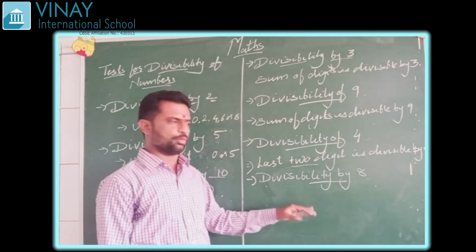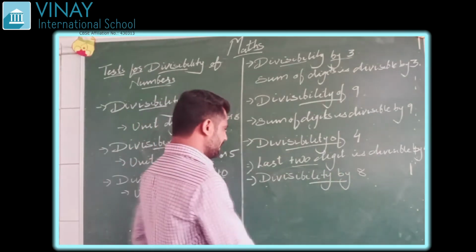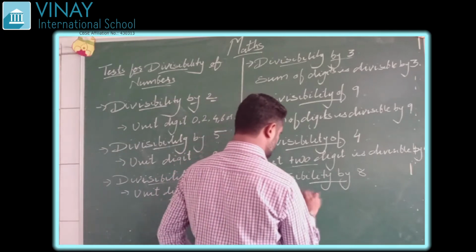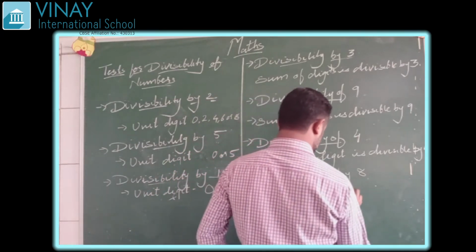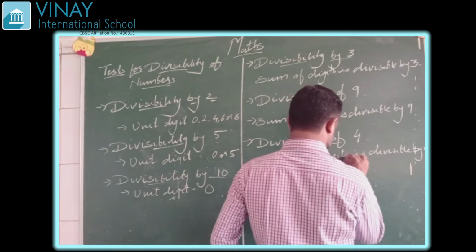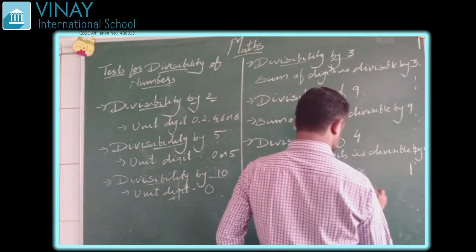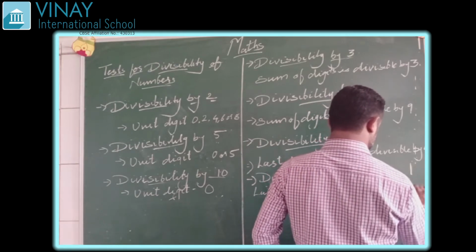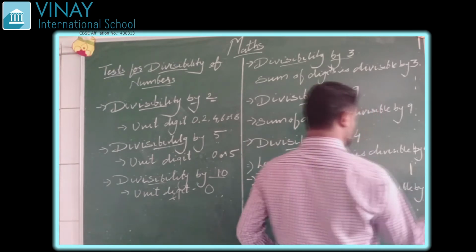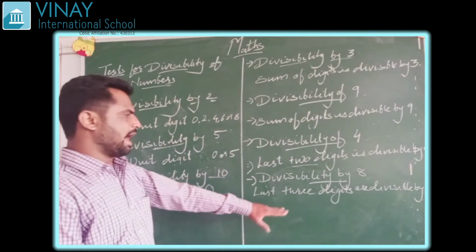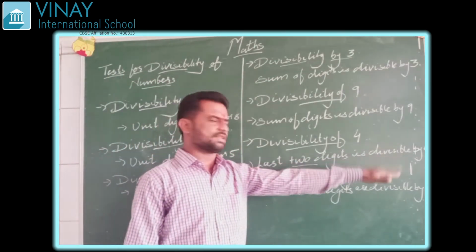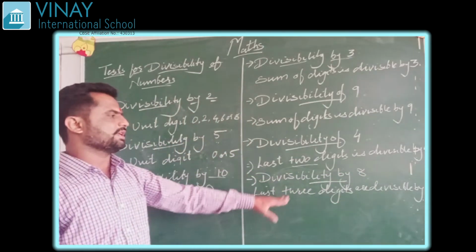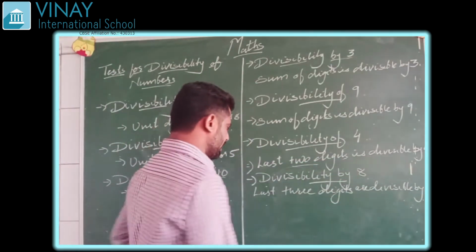In 8 we will see the last three digits. If the last three digits are divisible by 8, for any big number, then that particular number is divisible by 8.